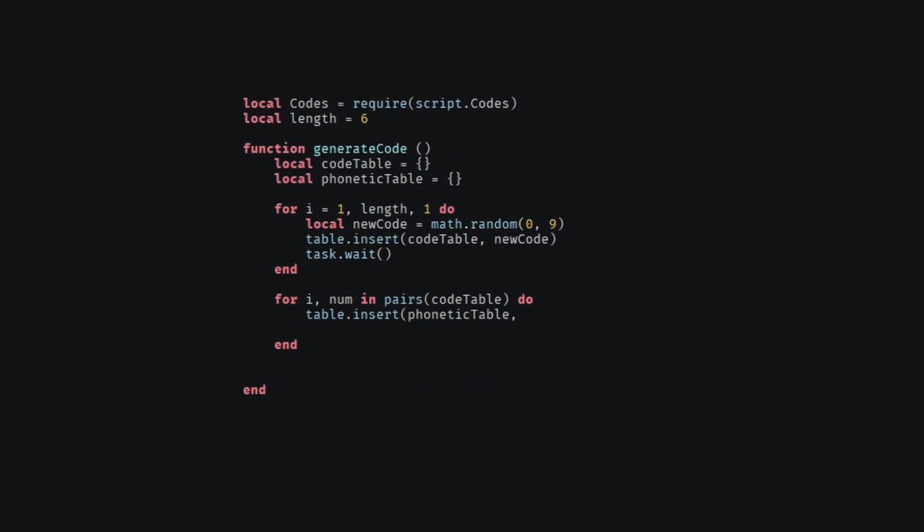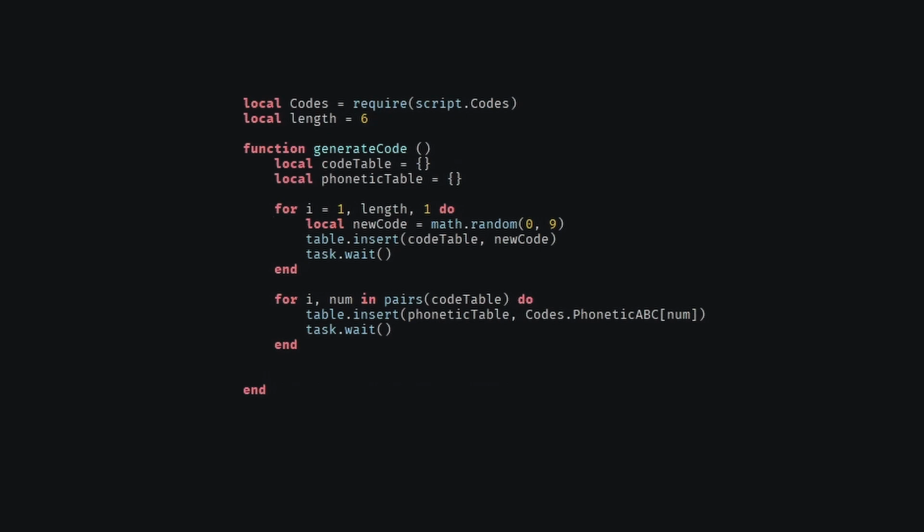Now we're going to call codes to contact the module script and gather each number written in the phonetic alphabet from the phonetic ABC table and use num to choose the correct value. This is done because num is each number from code table every time it loops. Once again, add the task.wait function so that it waits a quick moment for when it loops.